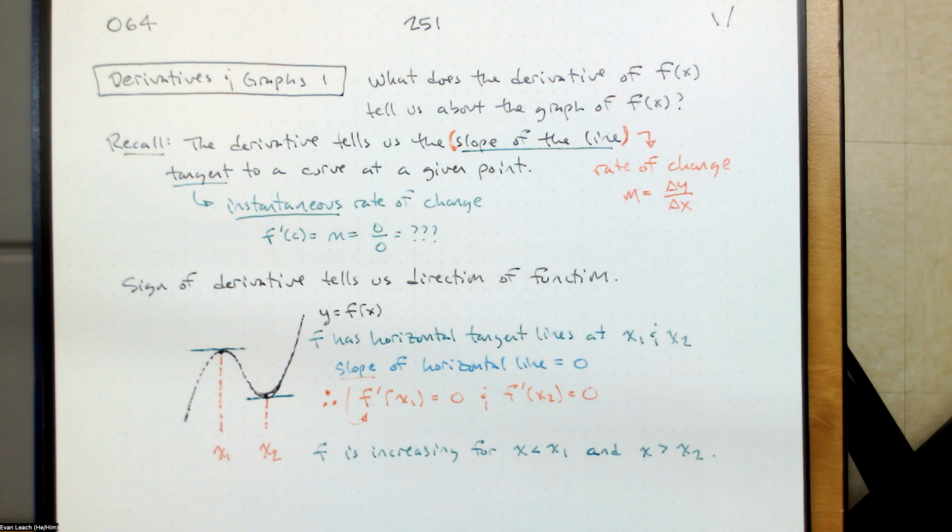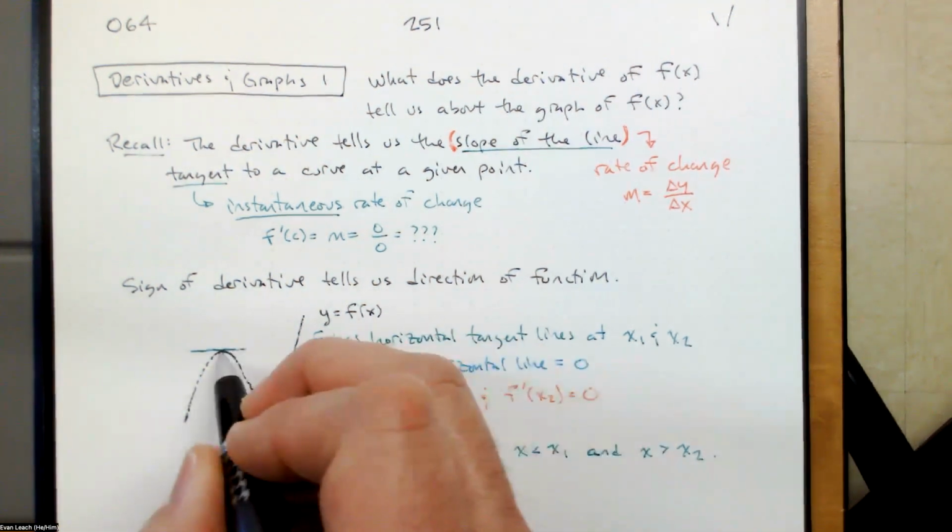If we think about a tangent line before x1 or after x2, the slope of the tangent line will be positive because we'll be going up from left to right.